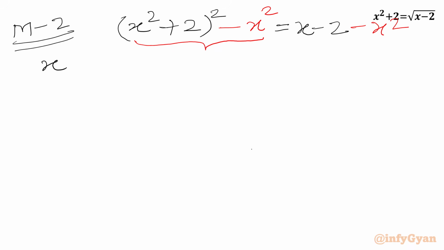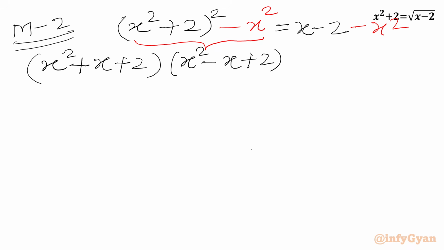So we will get x square plus x plus 2 in one bracket, and in the other bracket, x square minus x plus 2. In the RHS, we'll take minus common, or minus 1 common. So in the bracket, we'll be writing x square minus x plus 2.